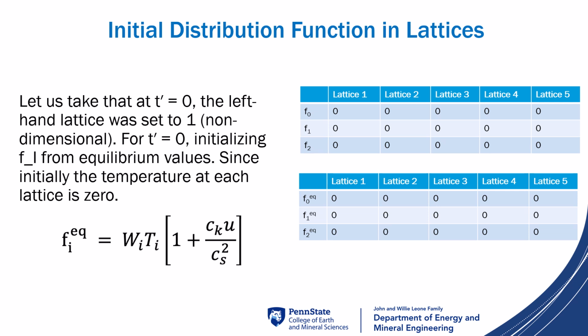Explicitly, F-1, F0, and F1 equal 0, 0, and 1 at node 1 and 0, 0, 0 everywhere else. This initialization places hot particles at the inlet ready to stream.